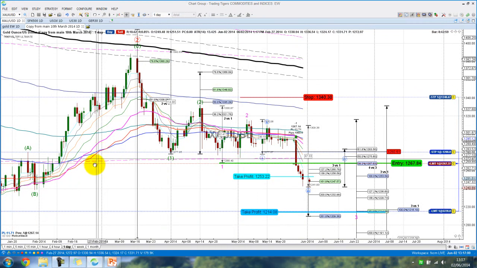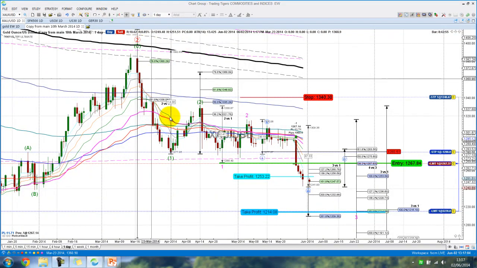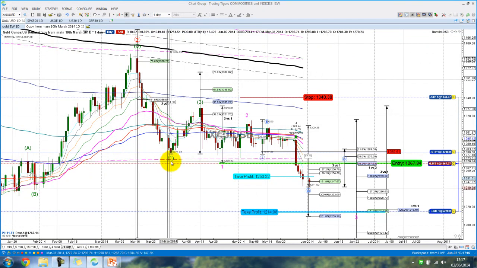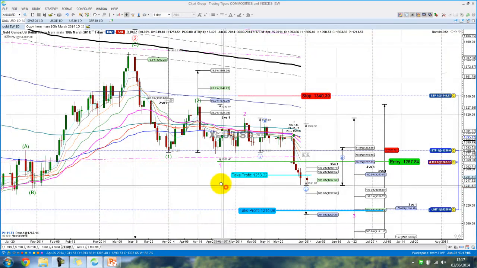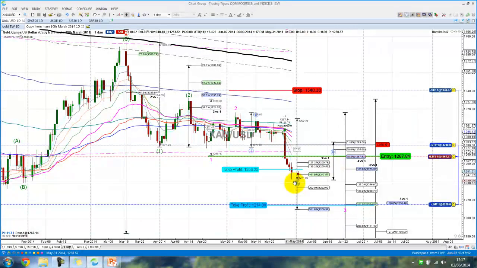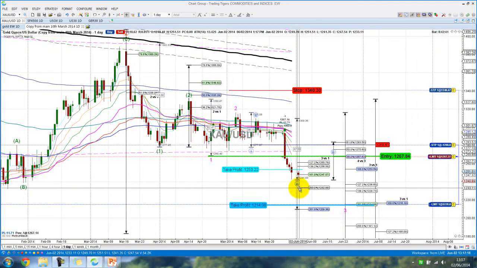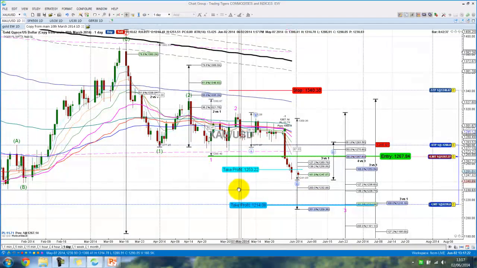We can see the larger wave degree, which is the primary degree, and its subwaves are the intermediate being in green in brackets, and the subwaves of that is the minor being in pink, and the smaller degree cycle, what we have right now, is the minute being in blue, Roman numbers, and in a circle.